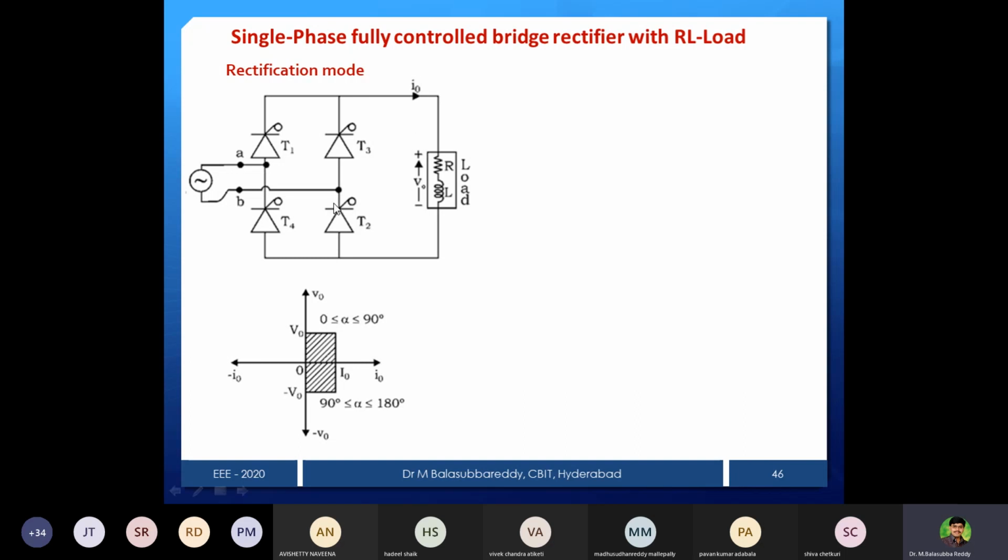Same circuit, this circuit only, but the thing is you must draw the waveform for greater than 90 degrees. Only if alpha is greater than 90 degrees does power flow from load to the source, because there is more duration of negative voltage and less duration of positive voltage. That is the reason.